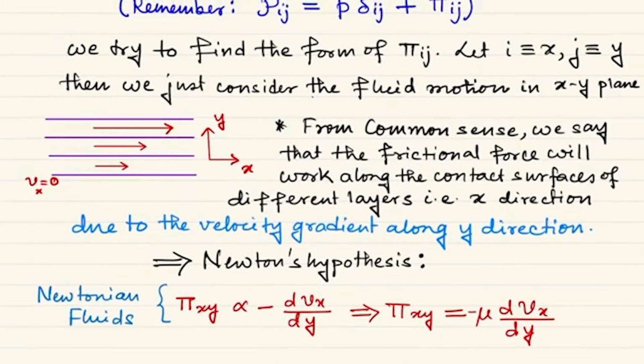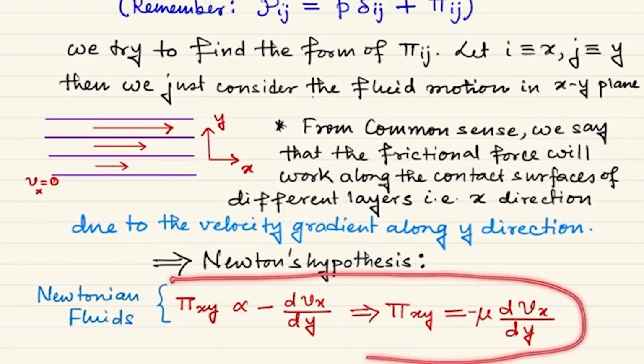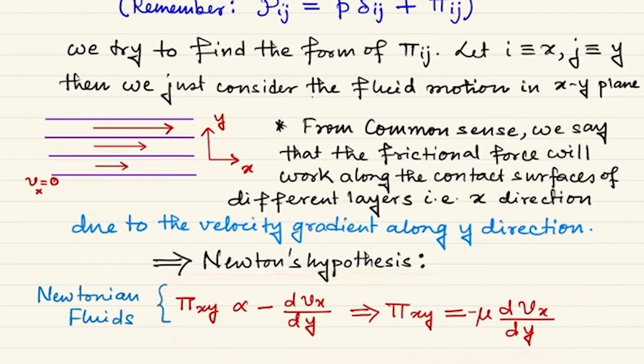Okay. And for a fluid this is true, so of course we said that this comes from common sense. So in a real fluid, it is also true that this is not exactly true, but sometimes this is, I mean, reasonably true.